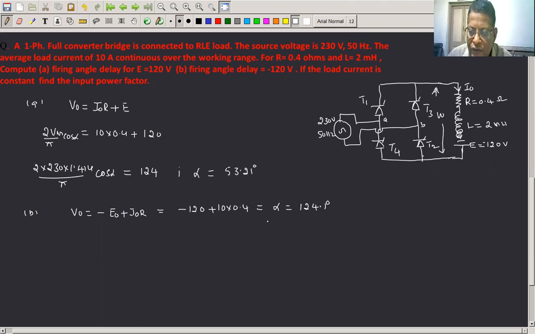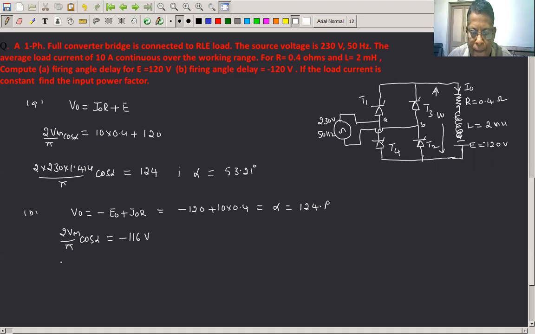So how you got this value of 124.1 degree means this value is equal to 2 Vm by pi cos alpha. This is equal to minus 116 volts.